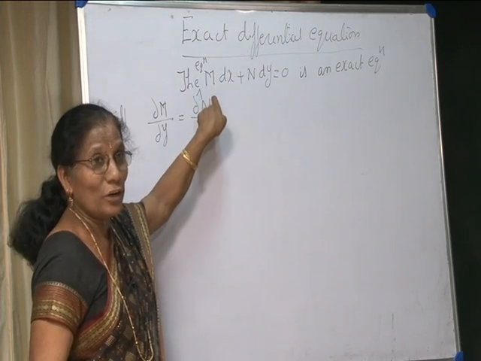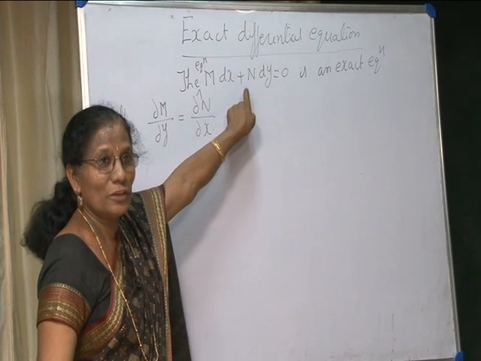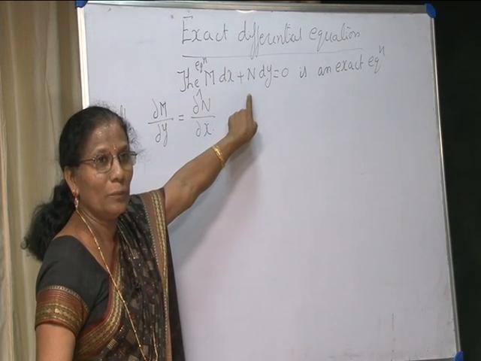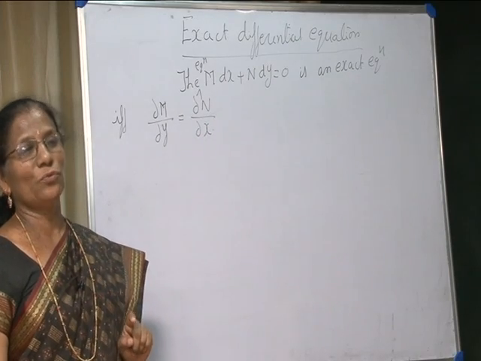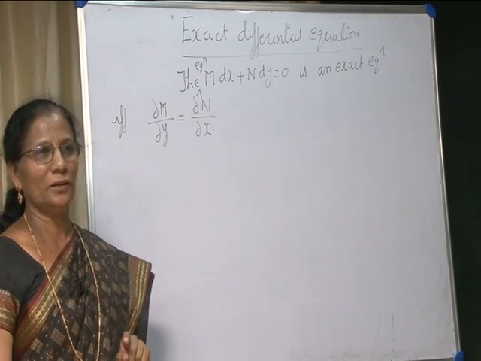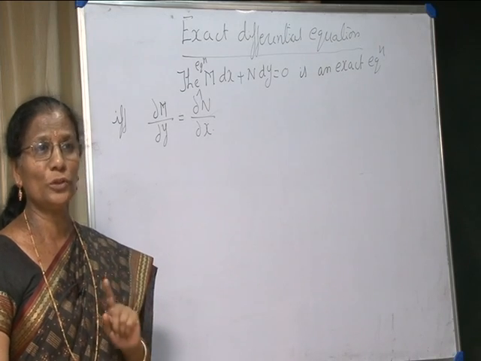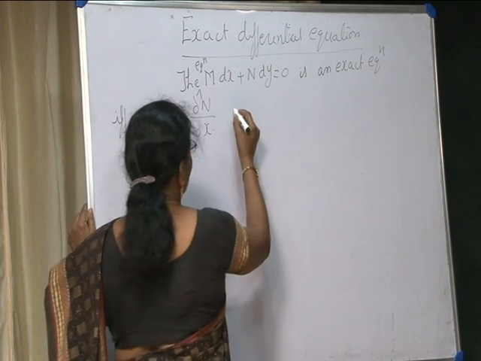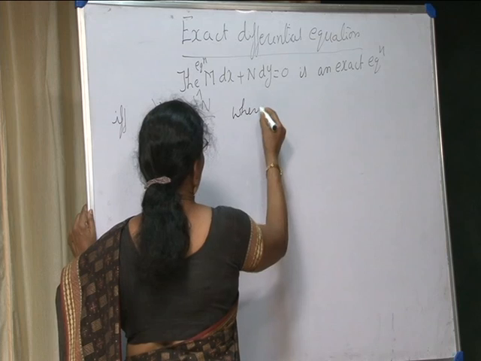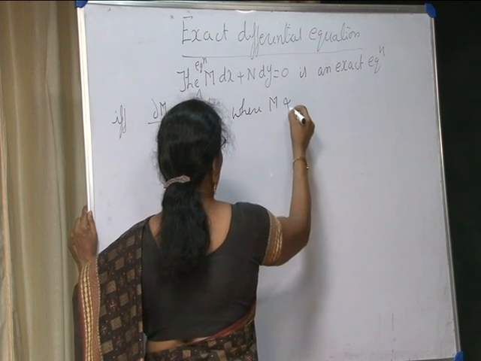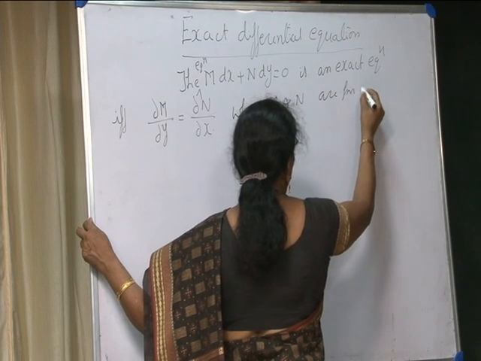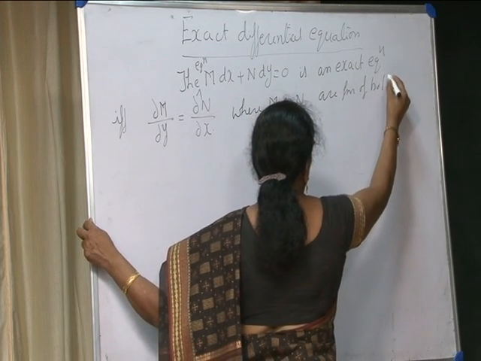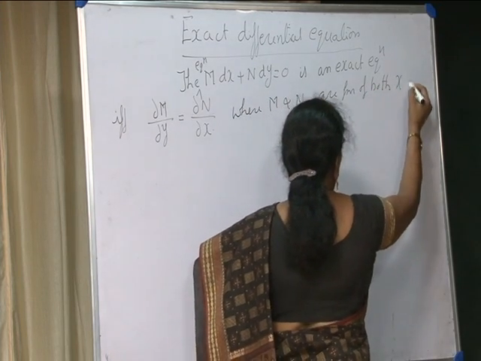But here M is a function of both x and y, and N is also a function of both x and y, where M and N are functions of both x and y.